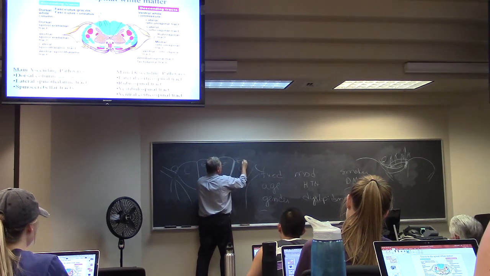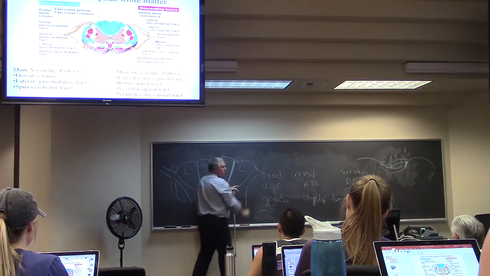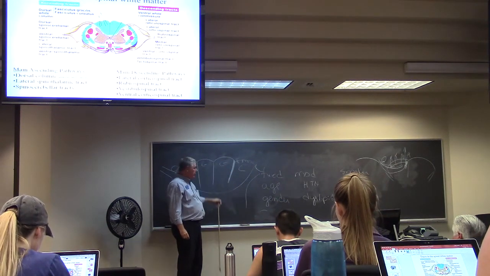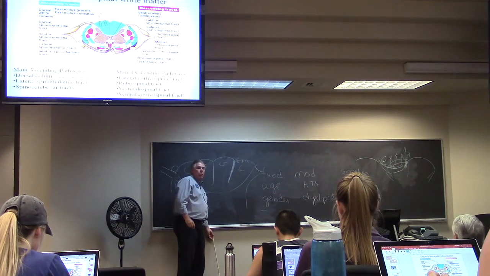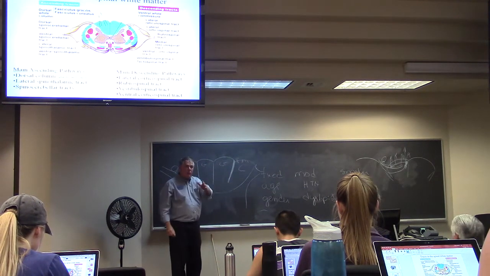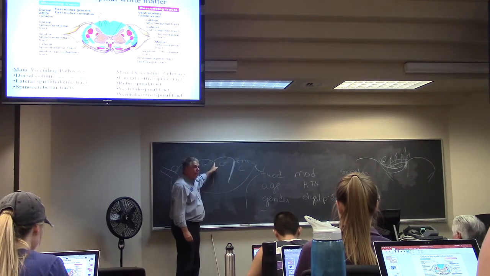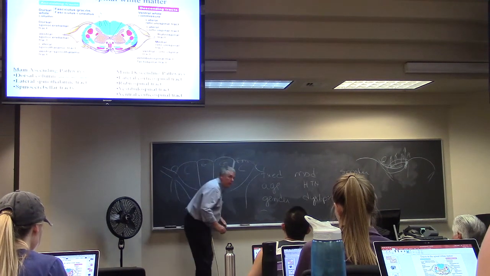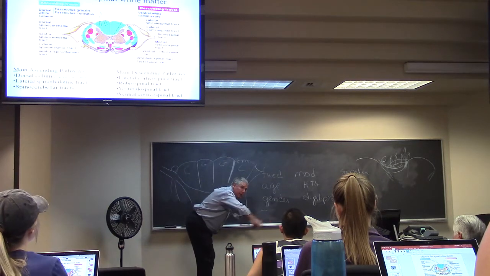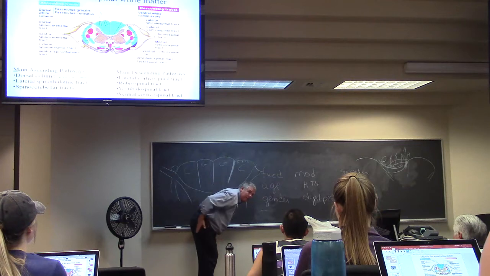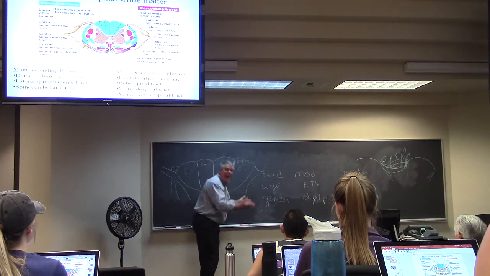T5, 4, 3, 2, 1, cervical, cervical, cervical. So it's as if we're talking about a caricature of you onto here, if we were to put your anus right there, and you do this, this is how the sensory nerves are packed in.